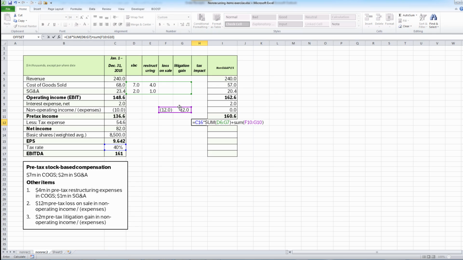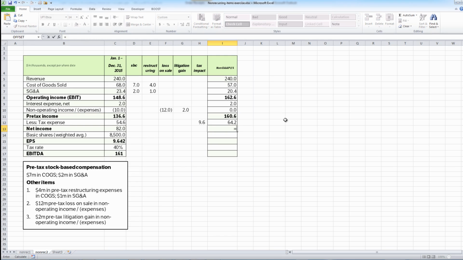So what I want to do is multiply that by a negative tax rate. Maybe an easier way to do this is to just take the minus sign and say I want to subtract the sum of these because the sign is switched. And the bottom line is that the tax impact of ignoring all these expenses, we're looking at $9.6 million worth of taxes that we would have had to pay that we didn't actually have to pay.